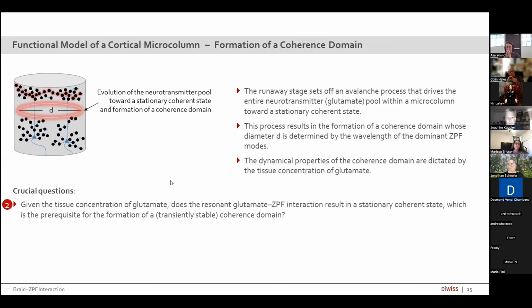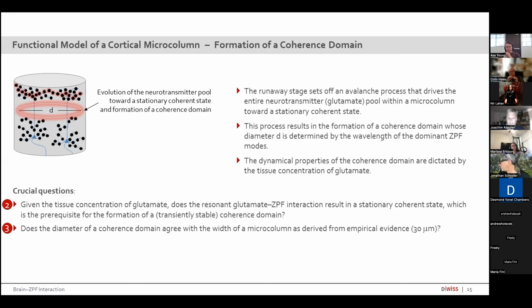And the crucial questions here are: given the realistic tissue concentration of glutamate, does the resonant glutamate zero-point field interaction really result in such a stationary state? Or does it collapse, or does it explode, or whatever? So is the tissue concentration of glutamate in the right range in order to produce a really stationary coherence domain? This is a crucial question.